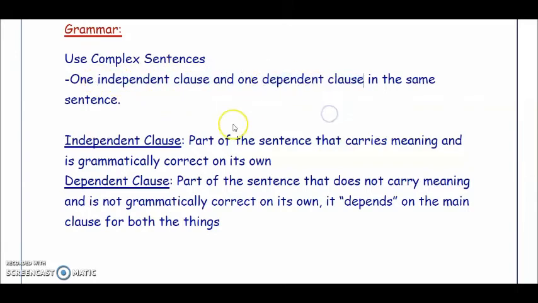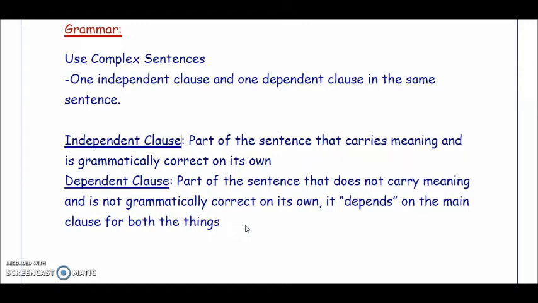Now let's understand what they are. Independent clause is part of the sentence that carries meaning and is grammatically correct on its own, whereas a dependent clause is part of the sentence that does not carry meaning and is not grammatically correct on its own. It depends on the main clause for both the things. And for further clarification, I'm telling you a clause should have a subject and a predicate.